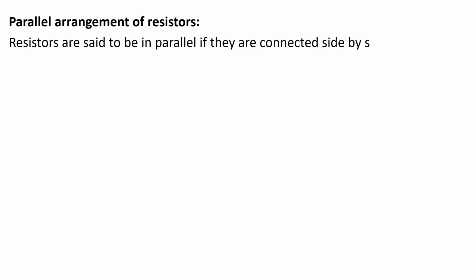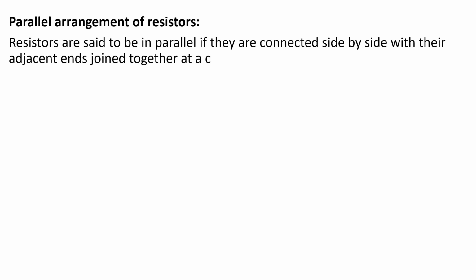Parallel arrangement of resistors. Resistors are said to be in parallel if they are connected side by side, with their adjacent ends joined together at a common point.